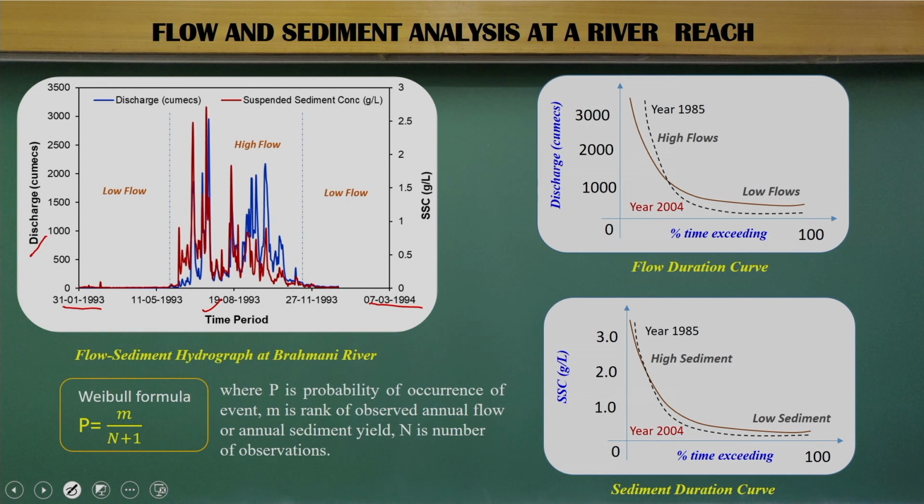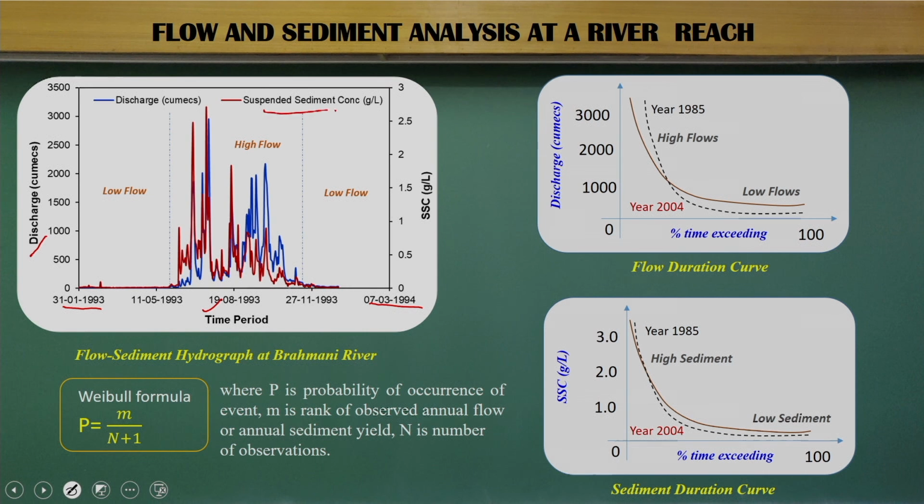Even with just this period of data, it shows how much data variability there is in a year. There will be low flow zones and high flow zones, and you can see the daily variations of the discharge, the flow rate.